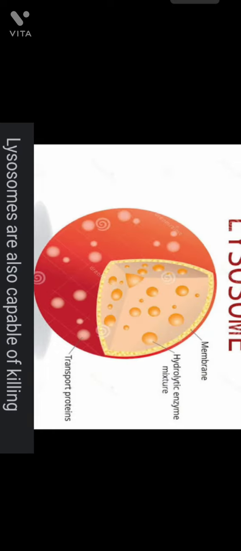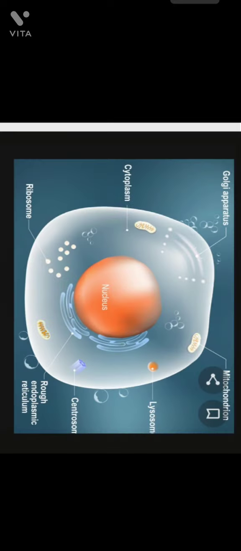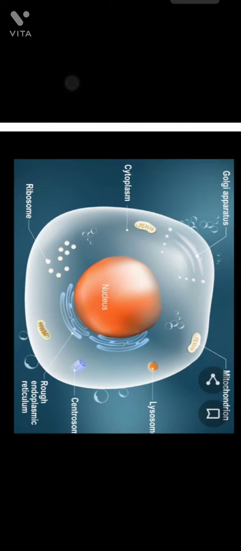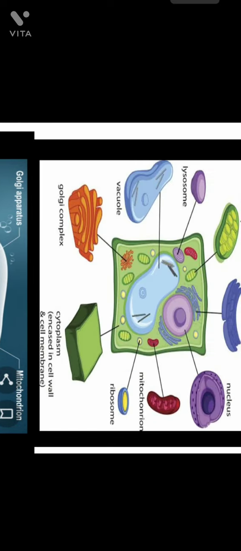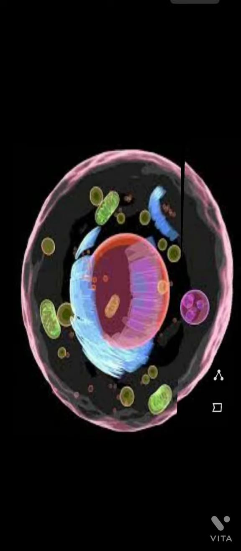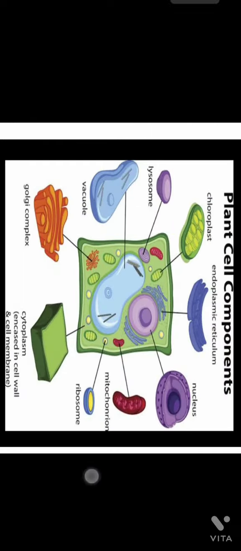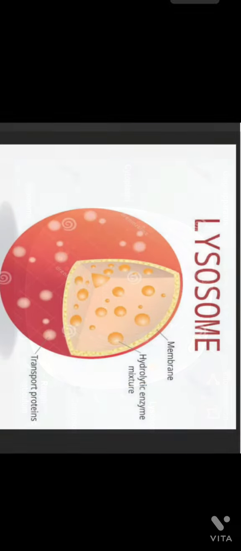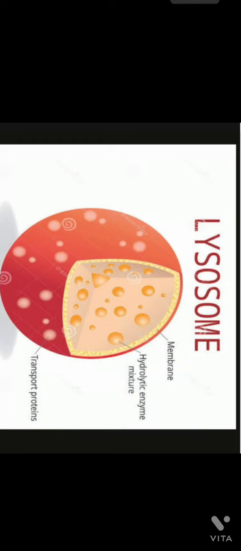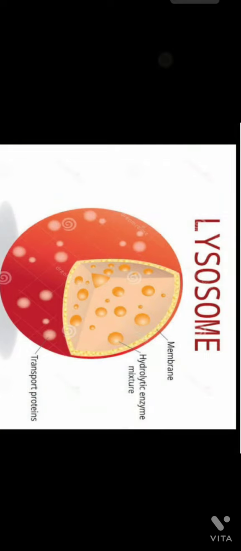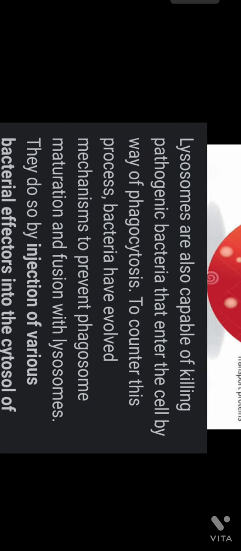The dead cells are received by lysosomes, and that is called phagocytosis. The dead cells are received by the lysosomes to protect the tissue from damage. If one dead cell is present, it also affects the other one. So a cell receives the dead cells through the lysosomes to protect the tissue from damage. Phagocytosis is very important to protect the cell from further damage.